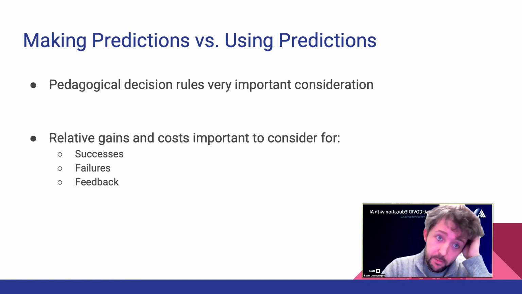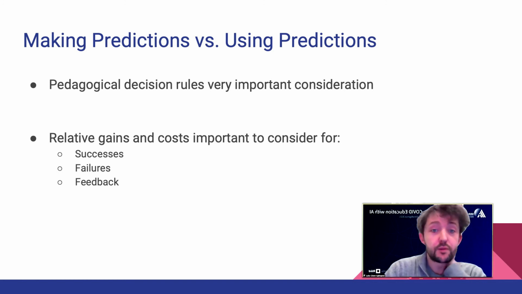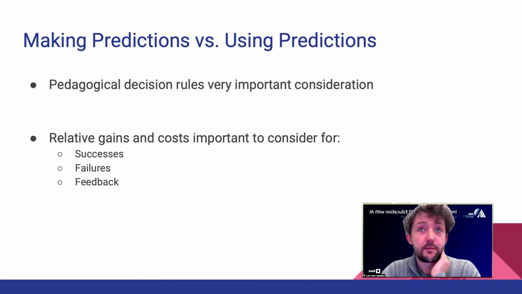So yeah, just to sum up, pedagogical decision rules are a very important consideration and maybe deserve their own challenge. And the relative gains and costs are important to consider, because successes and failures might provide learning gains in different ways, right? Someone's incorrect, but was confident, that might be quite surprising to them, and there's evidence that that can direct their attention better and result in what's called hypercorrection.